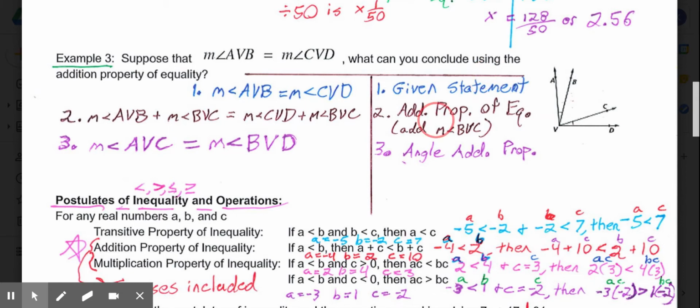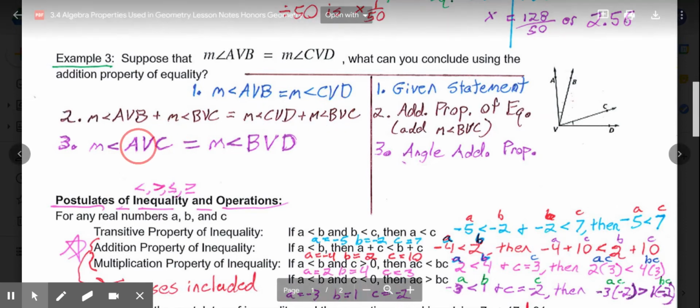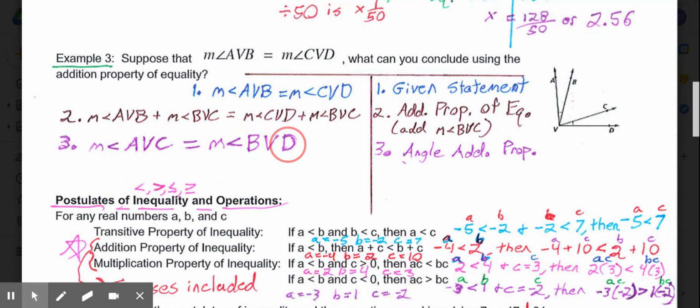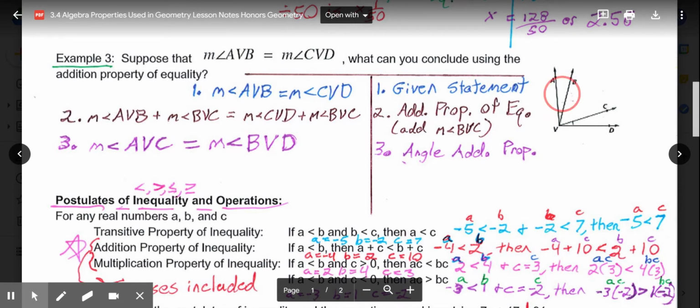Using the addition property of equality, we could add angle BVC to both of these, which then would tell us that the measure of angle AVC is equal to the measure of BVD, because AVB plus BVC creates AVC, and then BVC plus CVD creates BVD.